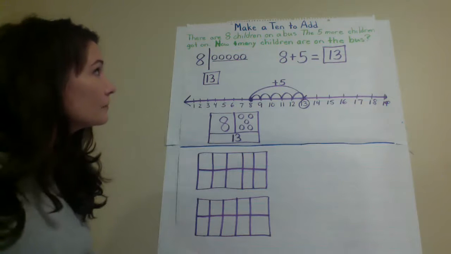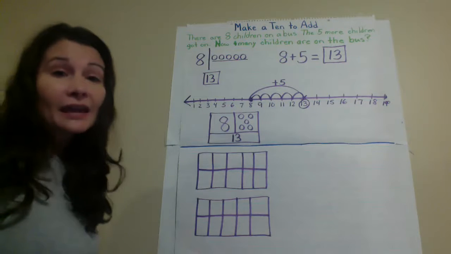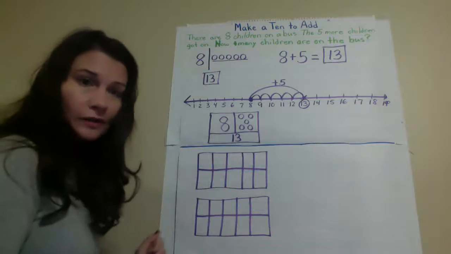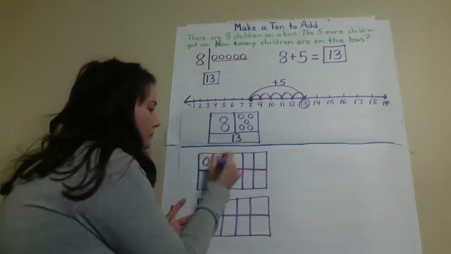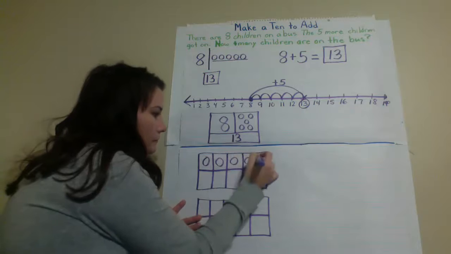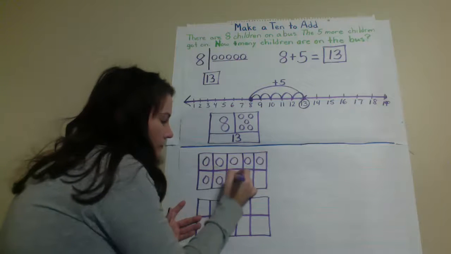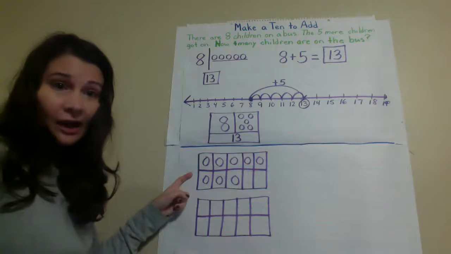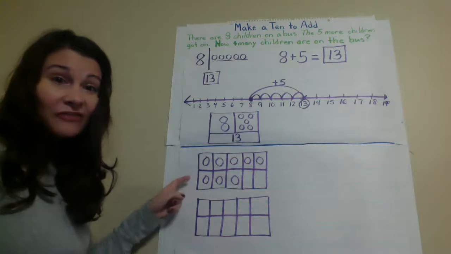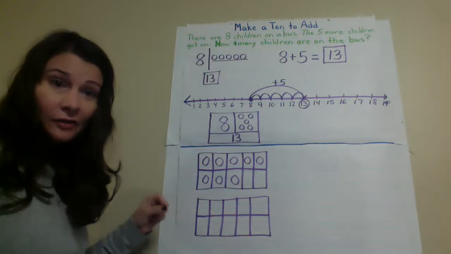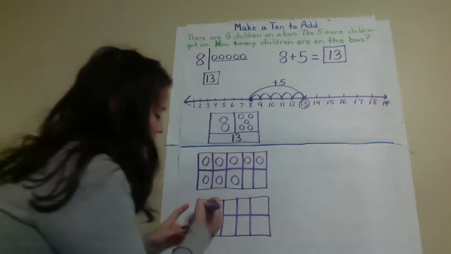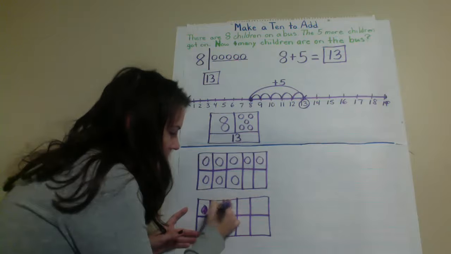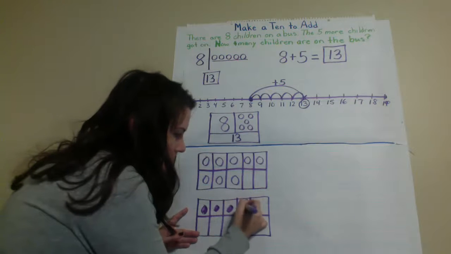Now we said that we started off with 8 children on the bus. So I'm going to put my 8 children on there. There's my 8 children. Now I'm going to show my 5 more children that got on the bus too, and I'm going to show them differently so I know it's a different number.